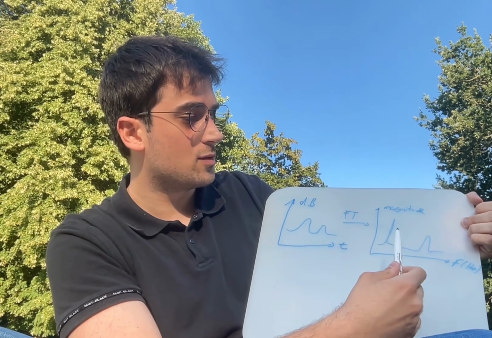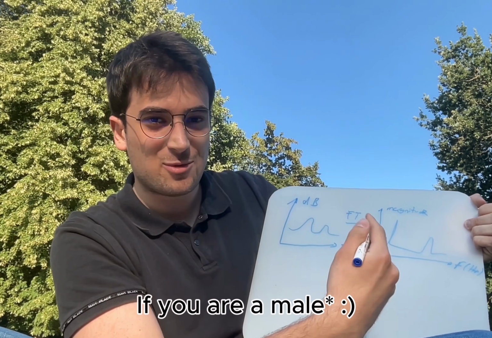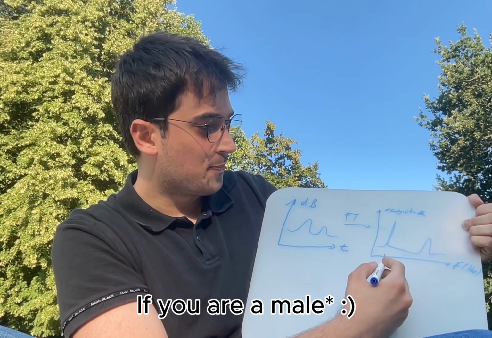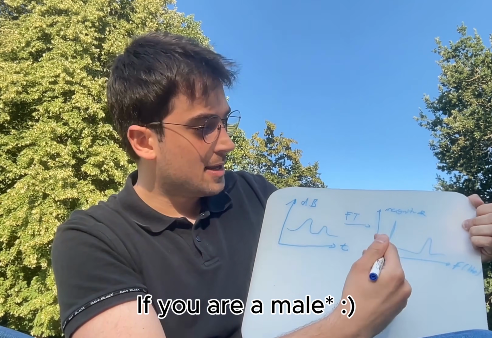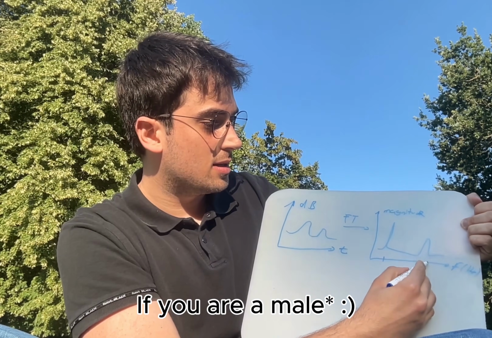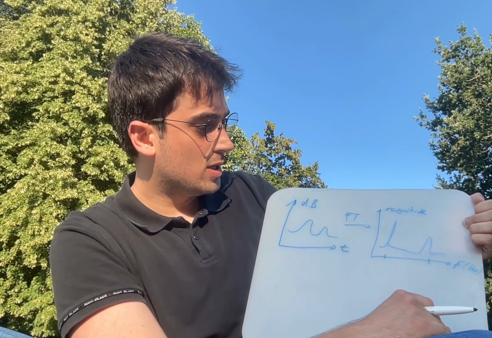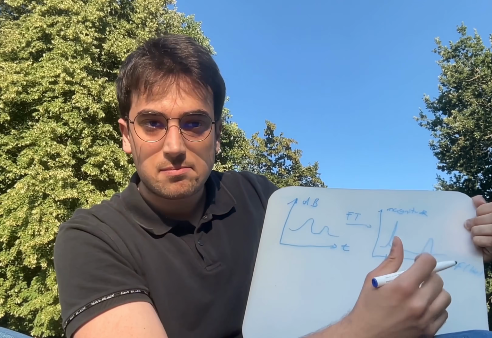Then after the Fourier transform, you can see, for example, this one is probably your voice, because men's voices, or my voice, let's say, most of the time have a lower frequency, and this is your girlfriend's or my girlfriend's voice, let's say. Okay, so Fourier transform is basically this. Let's see how it is used in image compression in the next part.